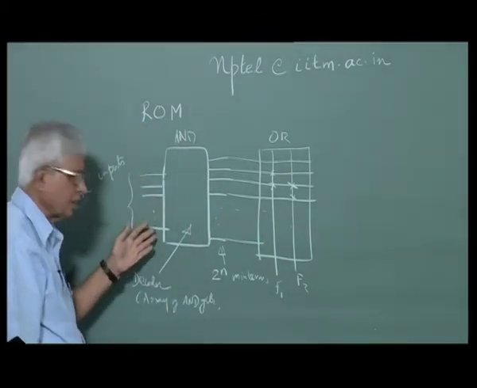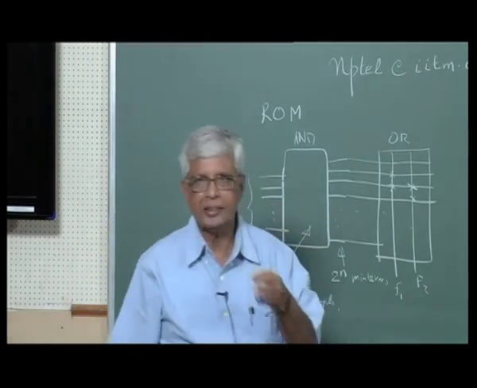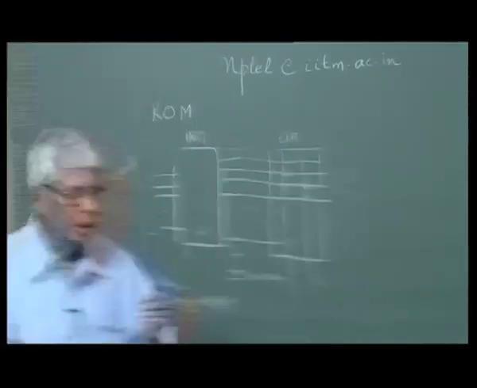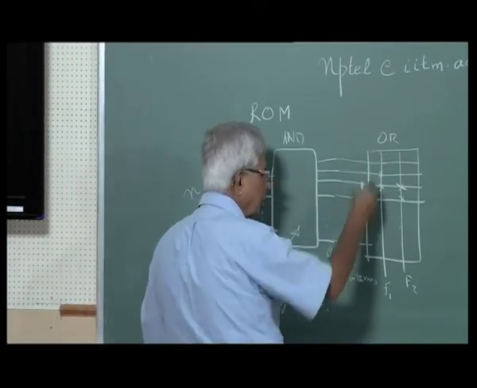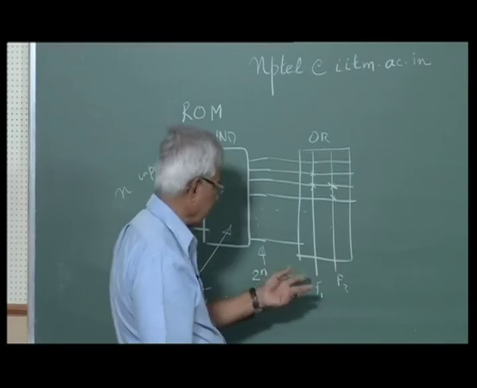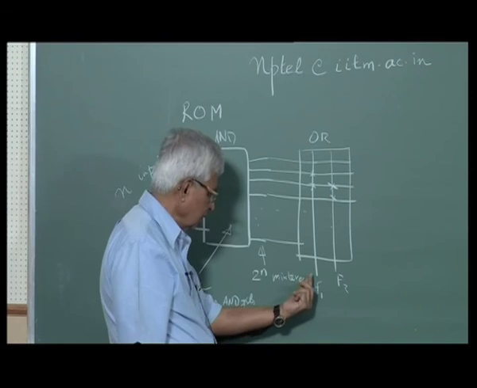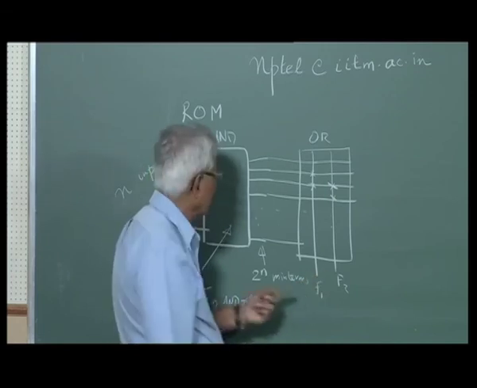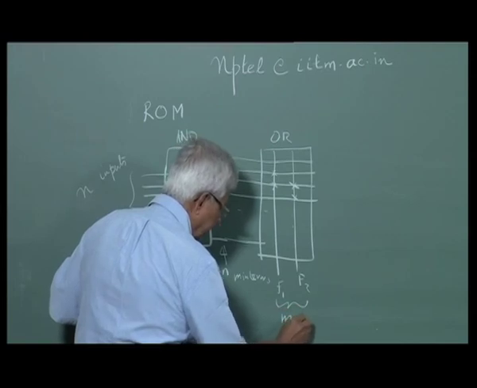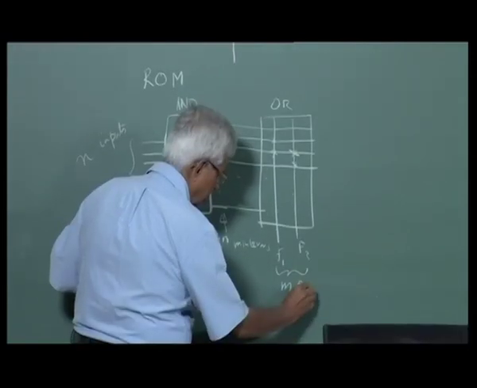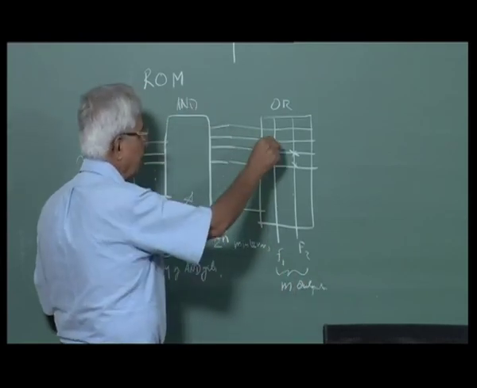When you have n inputs, 2 power n min terms are generated, just as in any decoder. But these decoded min terms can be connected as per your requirement in an OR gate. There are as many OR gates as there are outputs required. So, if there are m outputs, there will be m OR gates, and each of these outputs will have several of the min terms generated.